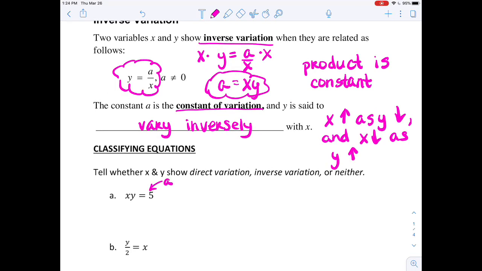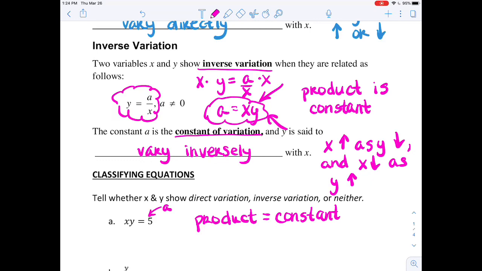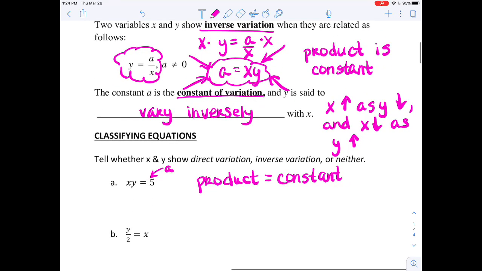And because that product of x and y is constant, we can look here at our inverse variation and see that that's the form of the equation we have. Our product of x and y is equal to a constant. So we are looking at this version of the equation. So we can see that we have inverse variation.